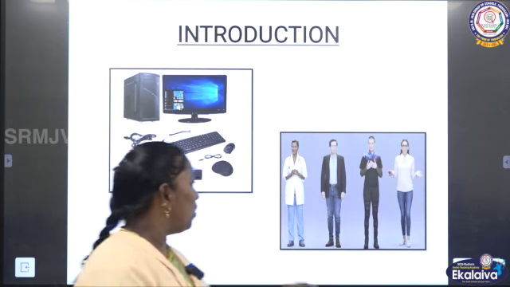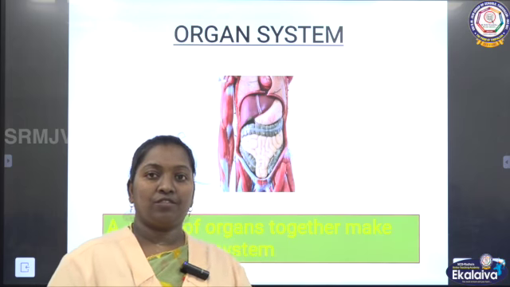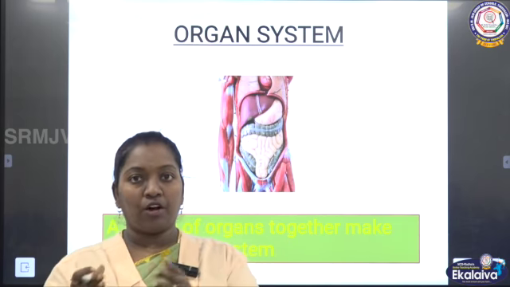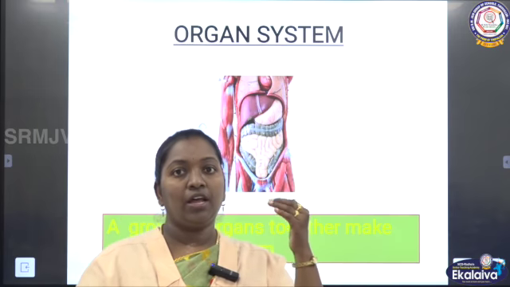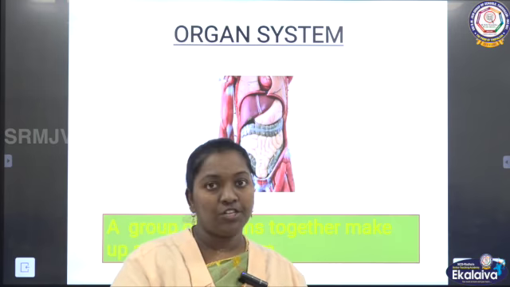So in that we are going to learn about organ systems. From the cell, tissue is produced. From the tissue, the organs are produced, organs like brain, lungs, heart, isn't it? So all the internal organs are produced by the tissues.